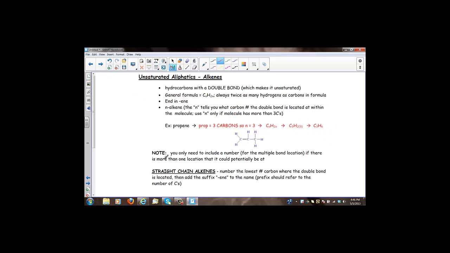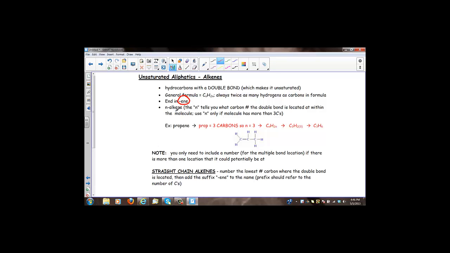Okay, now let's talk about unsaturated aliphatics. So these are alkenes. So now we have a hydrocarbon with a double bond. The general formula is CnH2n, which means there's twice as many hydrogens as carbons, and the formula ends in -ene.